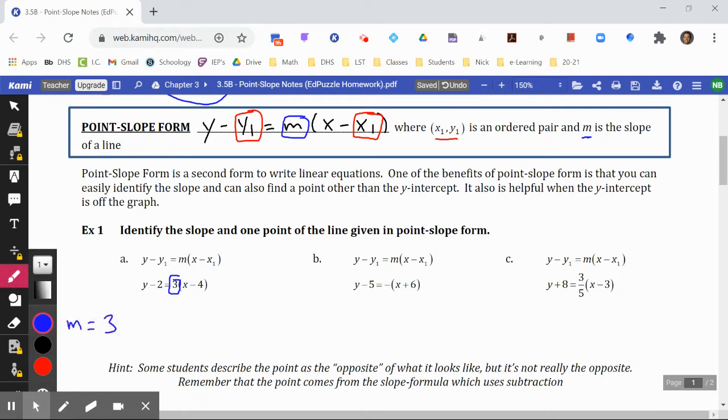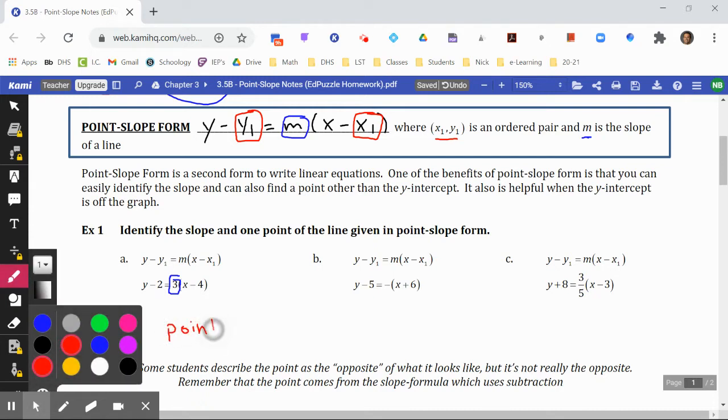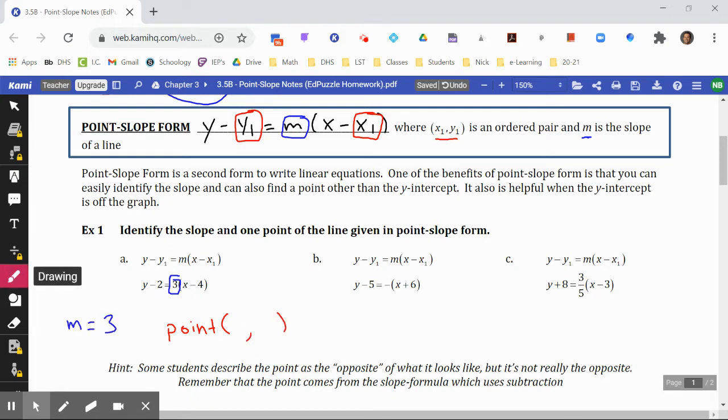All right, and then the other thing I need to find is that point. So my point, again, is an x comma y ordered pair. And x goes with x and y goes with y. So we can look at our equation above, y minus y1 equals m times x minus x1. As long as my equation is written like the form, then our numbers are going to be exactly what you see.